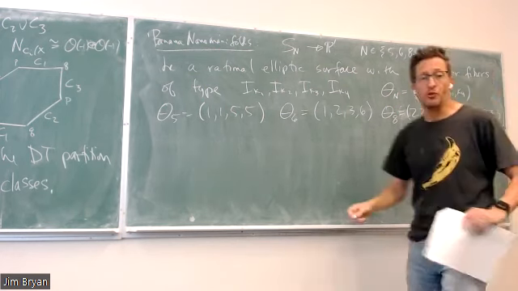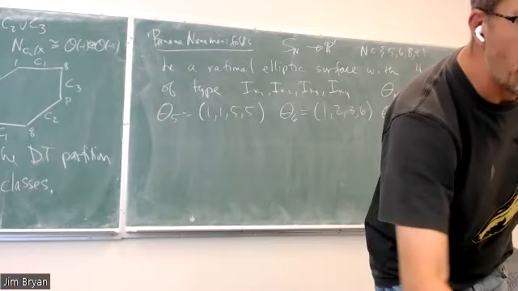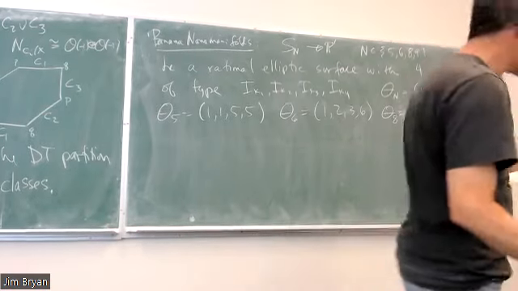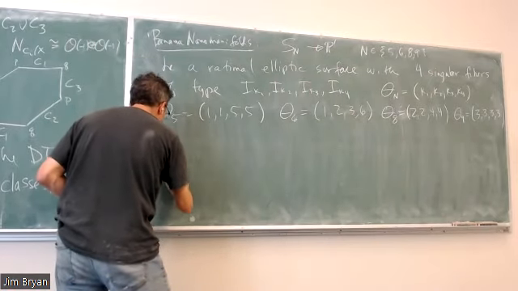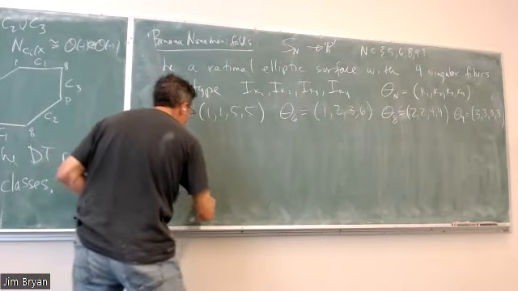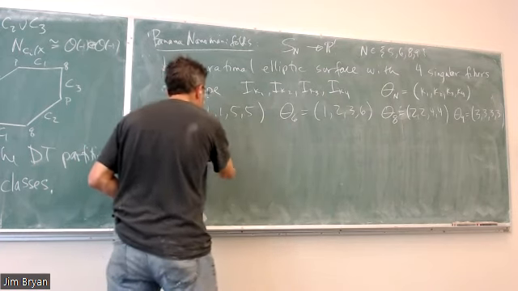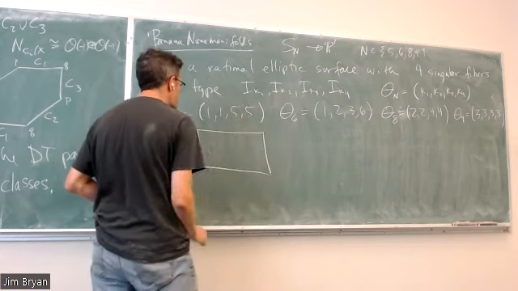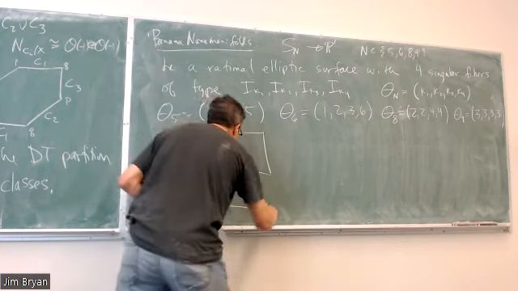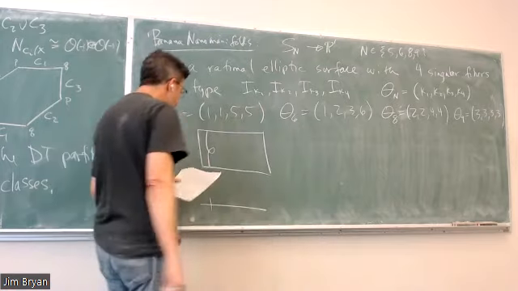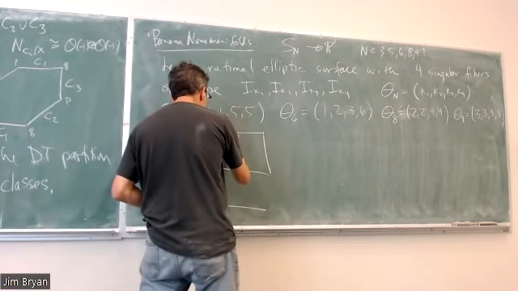Let me draw one, and I'll keep a running example, which will be n equals 6. So S_6 to P1 looks like this. I've got a singular fiber of type I1, which is a single nodal P1.